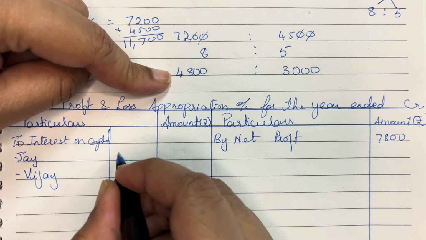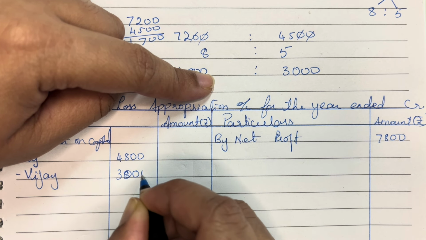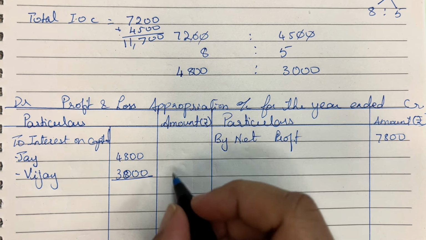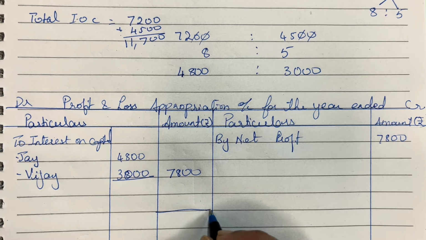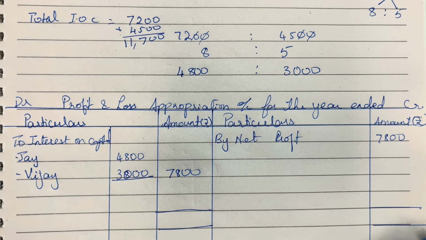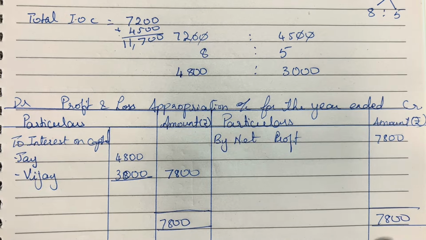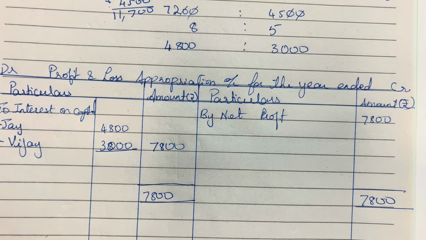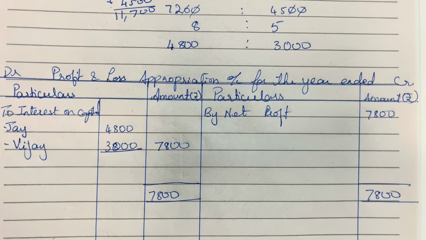Jay will be getting 4,800 and Vijay will be getting 3,000. So in total, it totals up to 7,800. Again, now we'll write 7,800 on both the sides and close the accounts. Close the profit and loss appropriation account.